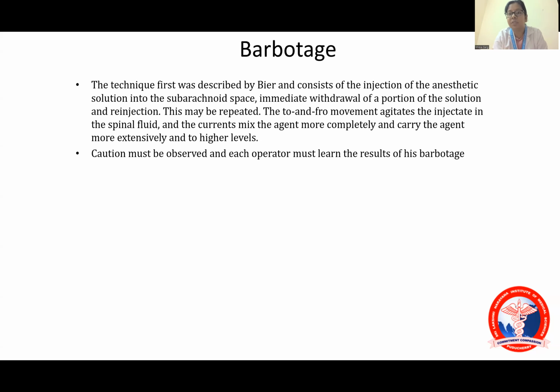So this has to be repeated a number of times. This will induce a to and fro movement in the drug, and it will agitate the injectate. And the currents that are generated will make sure that the drug is more completely and more effectively mixed in the CSF. So this is a technique, but caution must be observed, and each operator, while performing barbotage, must learn the results of his barbotage.